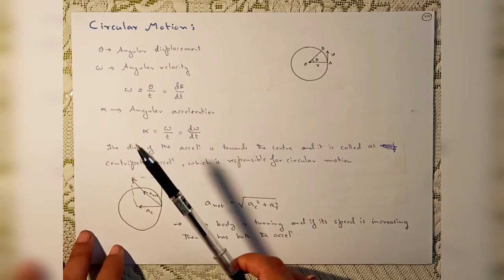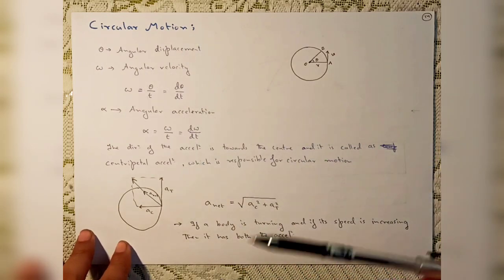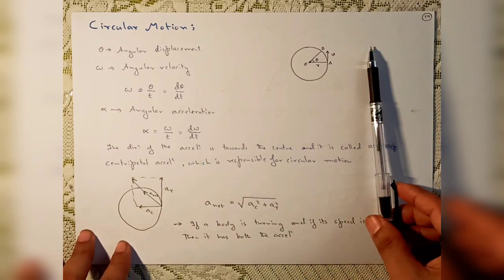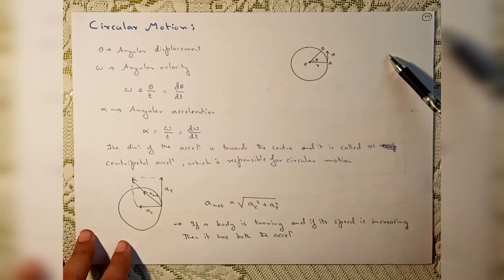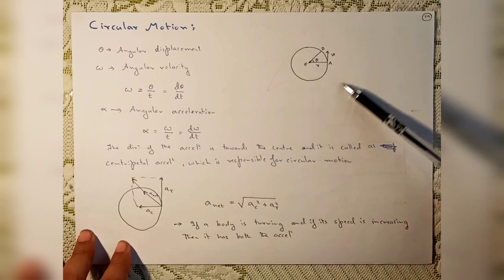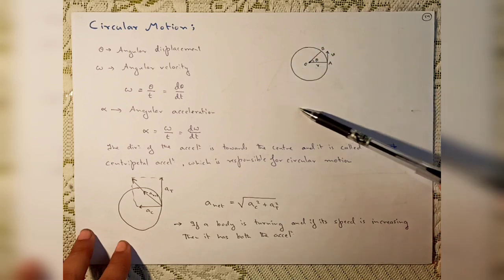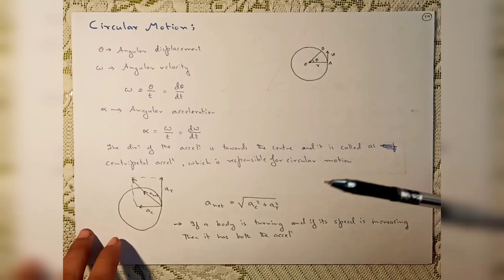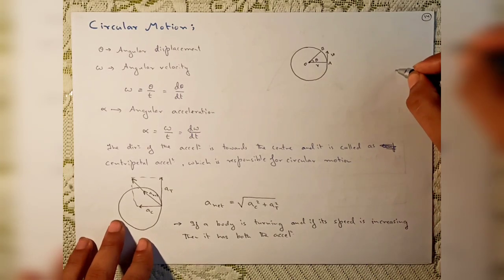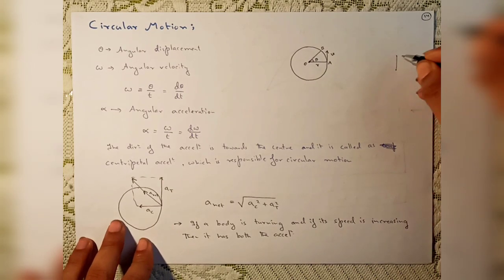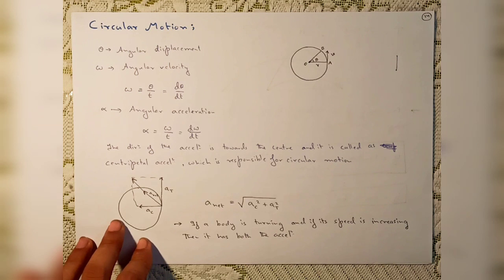Then lastly, you have one more topic, that is circular motion. When a point or a body is moving in a circle, there are certain things that change. We know that when a body moves from here to here, it covers some distance, and displacement also occurs.